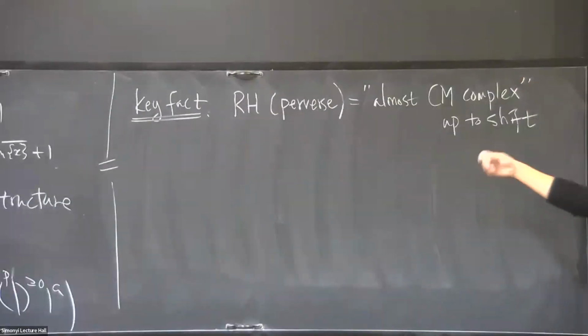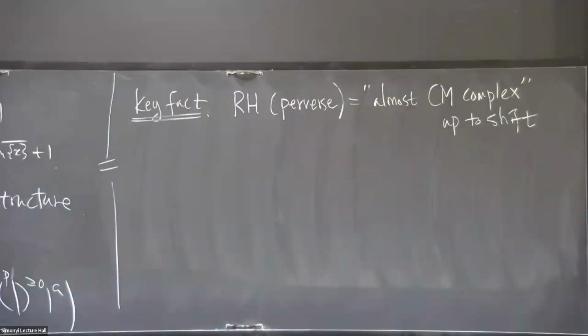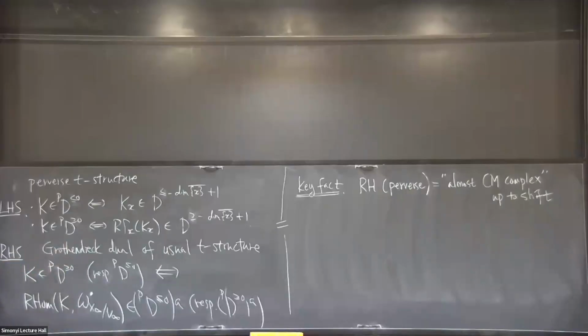Okay, so let me explain this a little bit more. What does it mean that some K is in D^{t=0} on this right hand side?